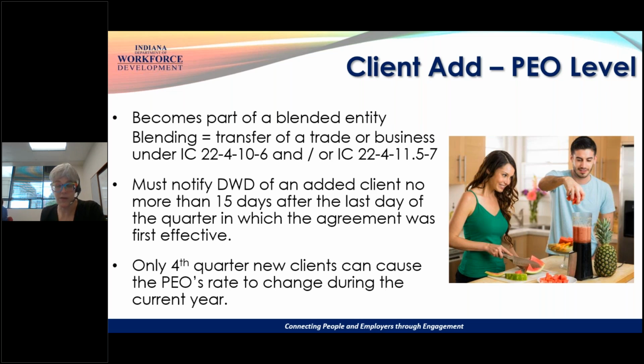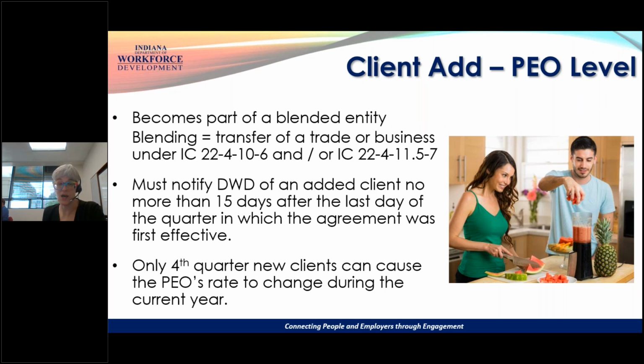Now, if the department finds out in 2019 you added a client in 2017, we'll recalculate your 2018 and your 2019 rates. And we'll do that up to 4 years in arrears unless we simultaneously determine that the employer, meaning the PEO, knew or should have known they had a duty to report. Then we'll go back up to 10 years.